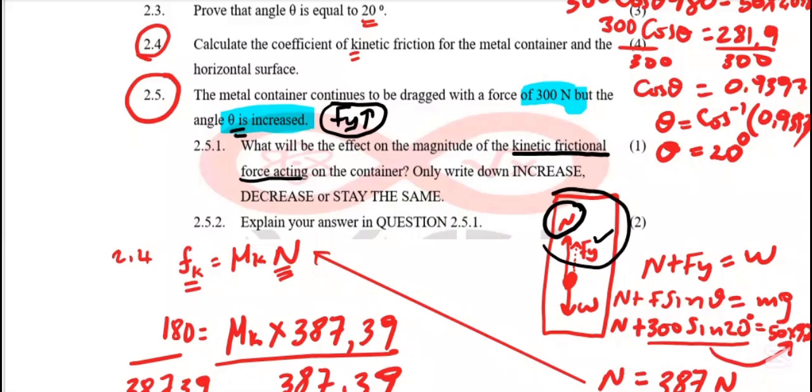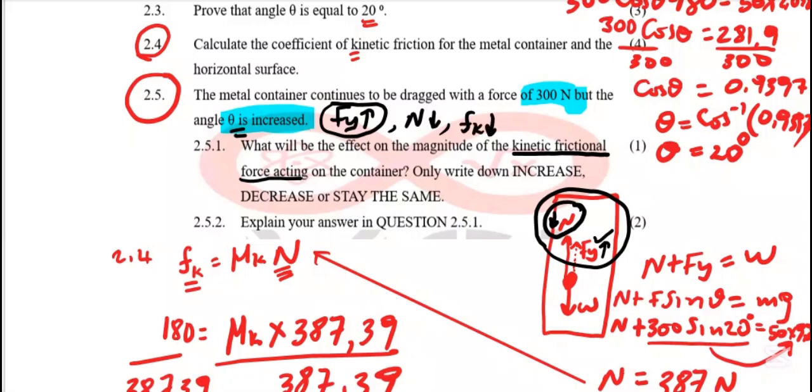Fy and the normal force are in the same direction, meaning that to balance, if Fy increases, the normal force decreases. In this free body diagram, the normal force decreases. So when the normal force decreases, the frictional force decreases also.